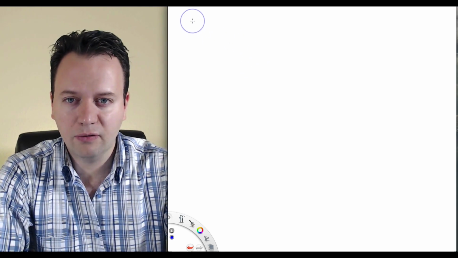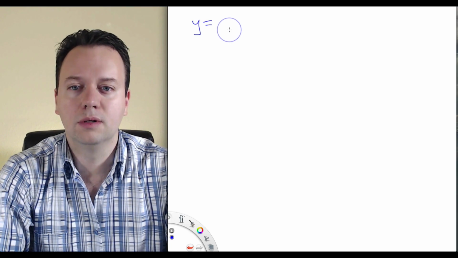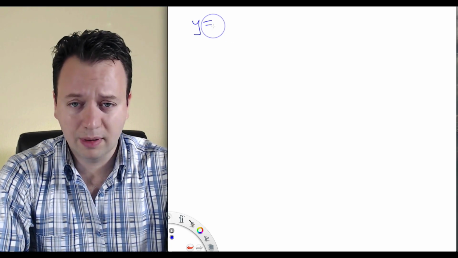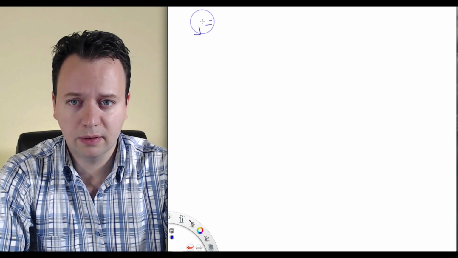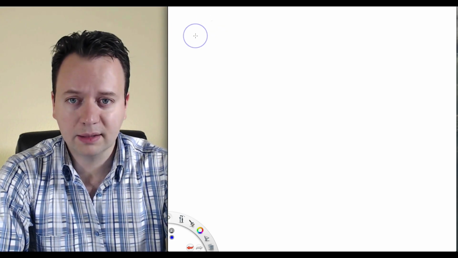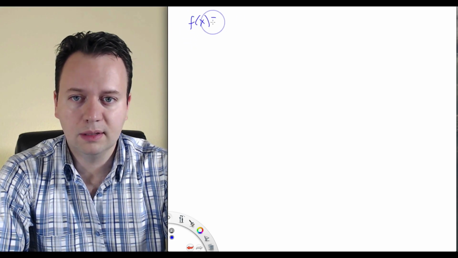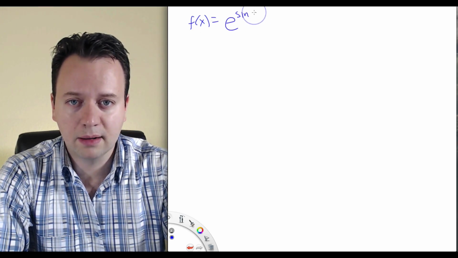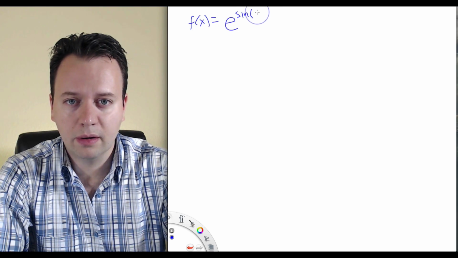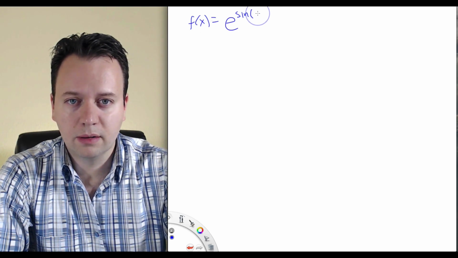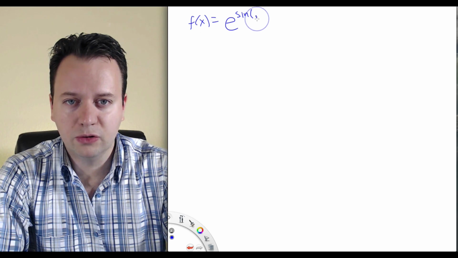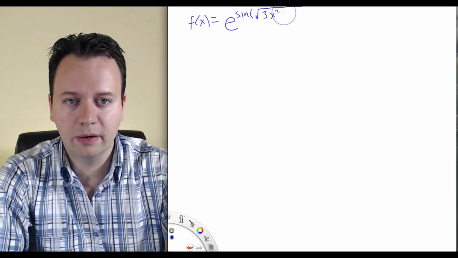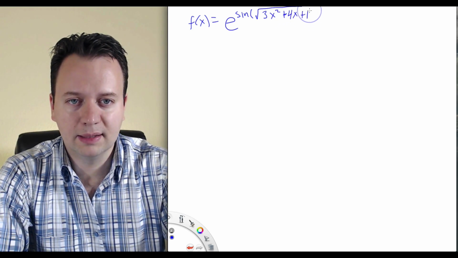So let's say we have y is equal to, or let's call it f of x this time. Let's say f of x is equal to e to the sine of the square root of 3x squared plus 4x plus 17.